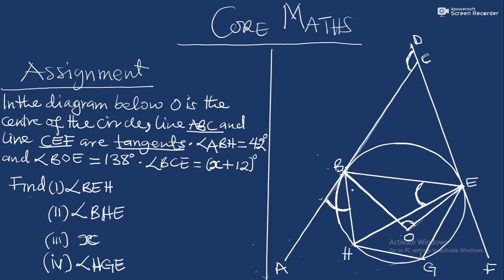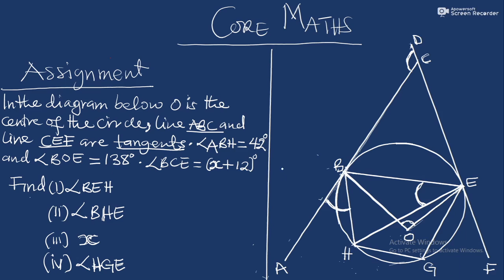So we learned that anytime there is an angle formed between a tangent and a chord, that angle is the same as the angle that the chord forms at the alternate segment. So this angle here formed between tangent AB and chord BH is the same as this angle here, which is angle BEH, formed by the chord BH. Okay, so this angle is equal to this angle.